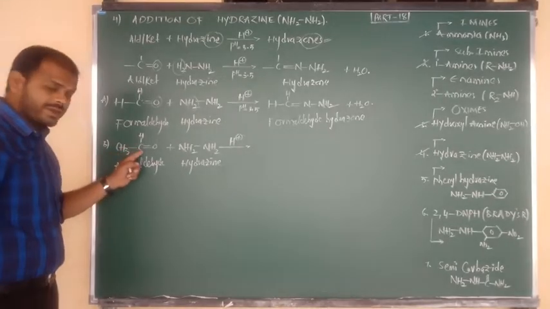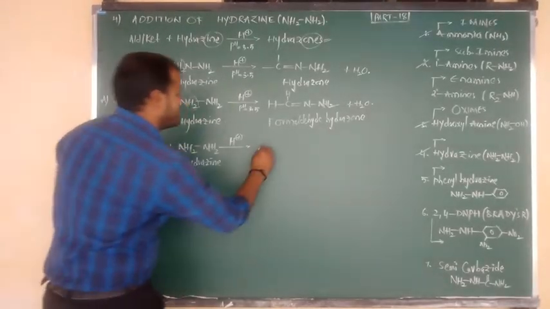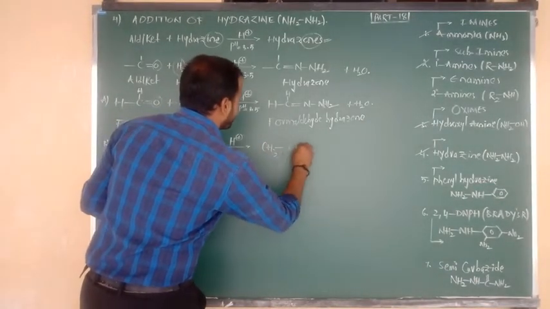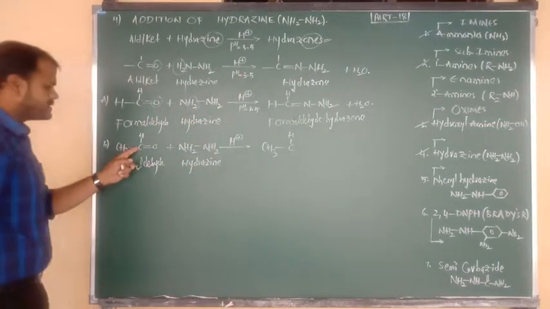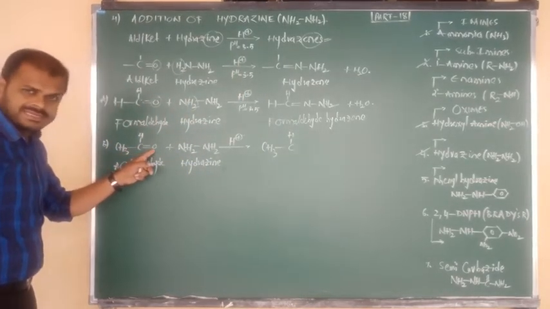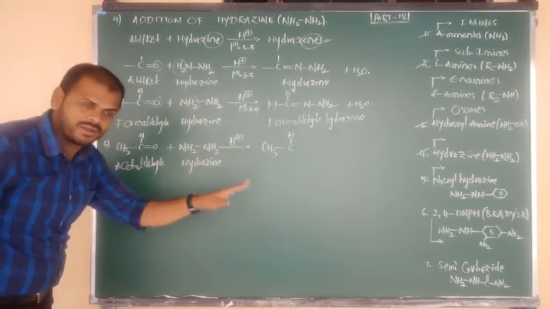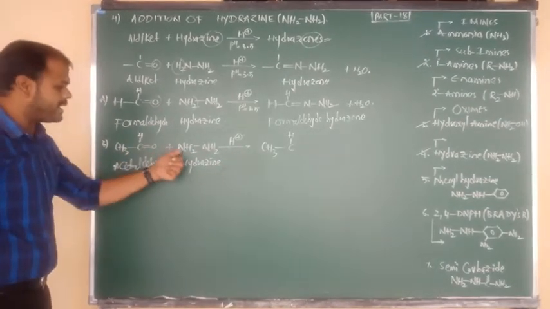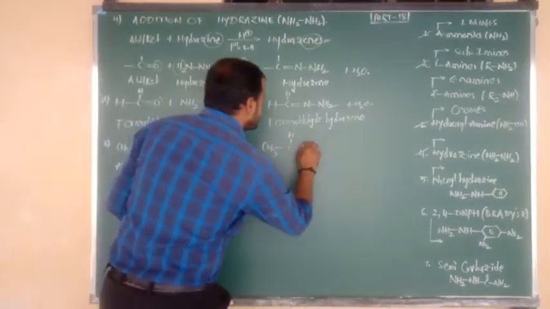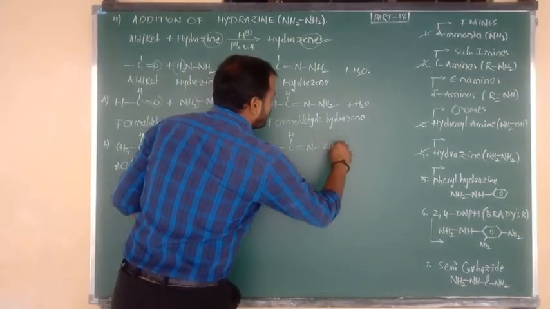So CH3 bonded to C, above the plane an H atom is there. After that, we are removing oxygen from the acetaldehyde and removing H2 from the hydrazine, meaning elimination of water. So remaining is C double bond N bonded to NH2.